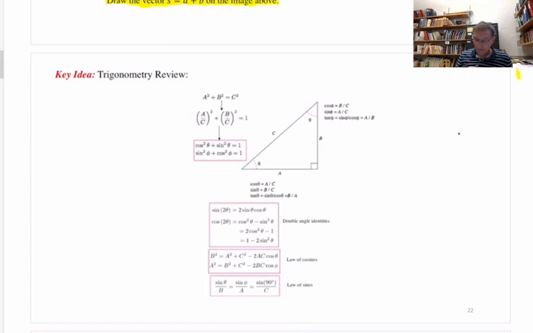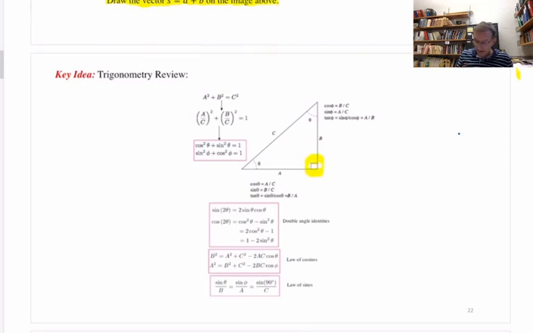Okay? All right. So this is sometimes called right triangle trigonometry because it's based upon the geometry of a right triangle. So I've drawn a right triangle here on the slide. You can see the right angle symbol right there.